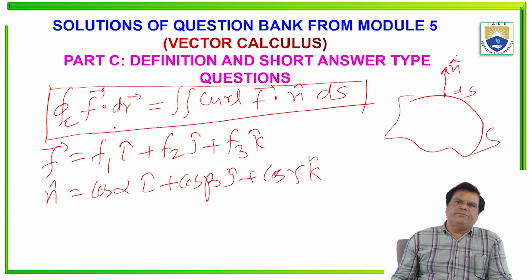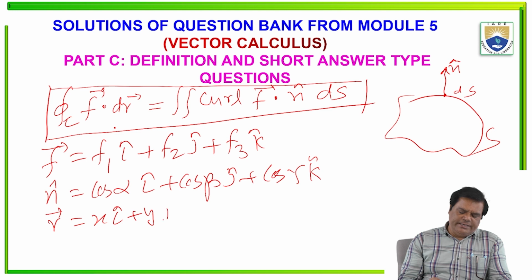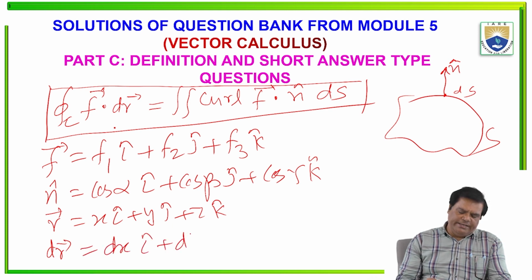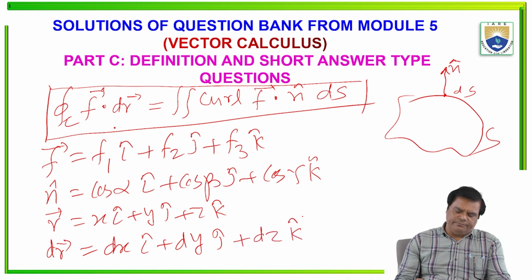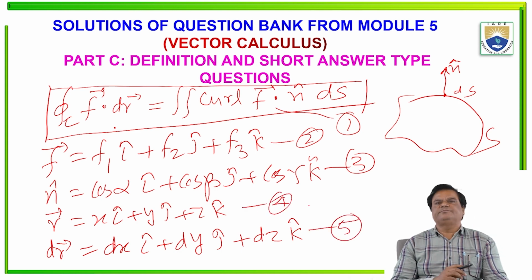F is a vector point function given here, and r is the vector xi plus yj plus zk. dr vector is dx i vector plus dy j vector plus dz k vector. Okay. This is equation 1, this is 2, this 3, this 4 and this equation is 5.